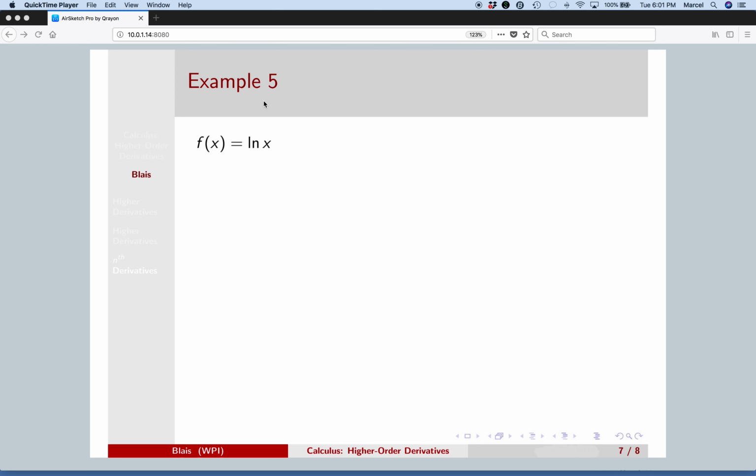Another example, f of x is natural log of x. We learned in an earlier lecture that the derivative of natural log of x with respect to x is 1 over x. Well, it'll be easier for us if we write it as x to the minus 1. So to take the derivative of that, f prime of x, we would need power rule.